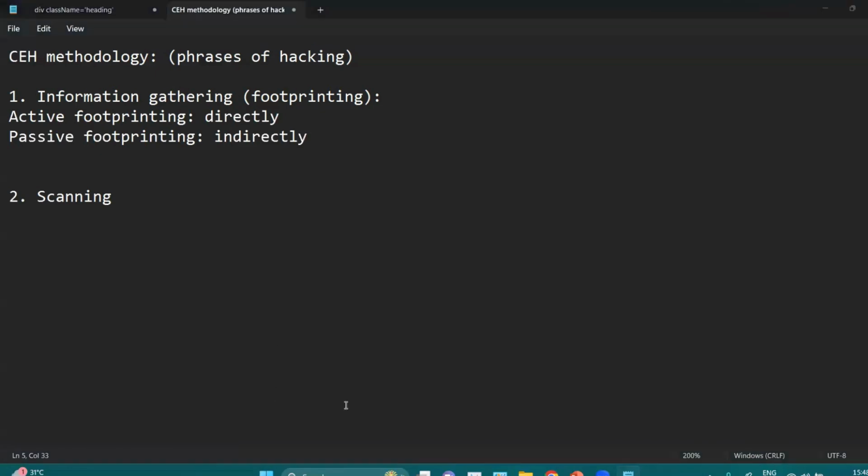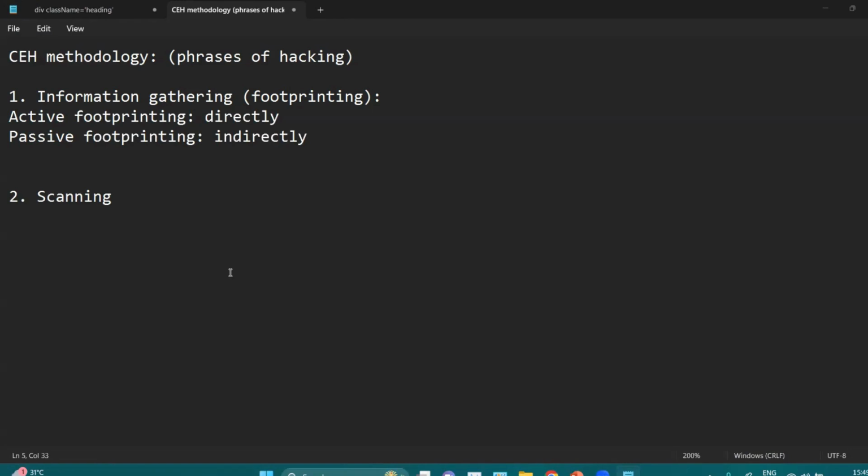For example, if you want to hack any server, then you will scan the server. You are sending some kind of packets directly to the server for collecting the server information. That is active footprinting. Passive is like, for example, you want to hack a server, and you are using some third-party application for information gathering.